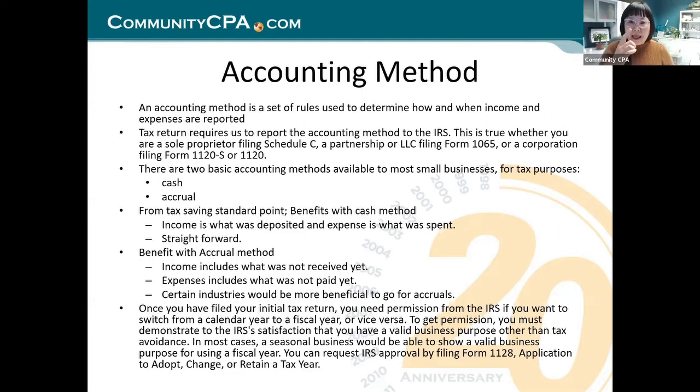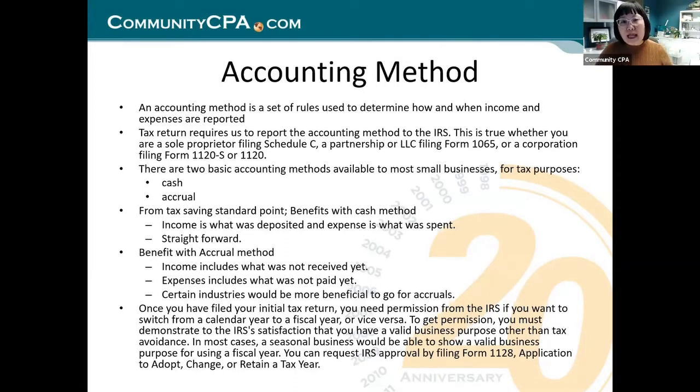So when is very different, because when means if I paid it on January the 1st, do I include that in my last year's tax return or my financial statement, or should I include that in the new year, 2020? Let's say I paid that on January the 1st, 2020.